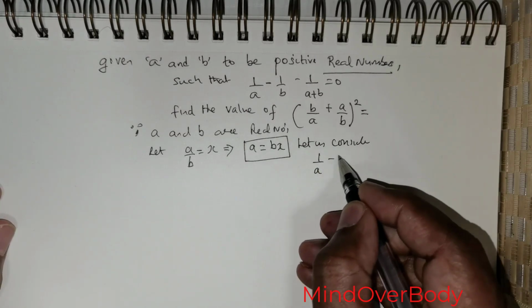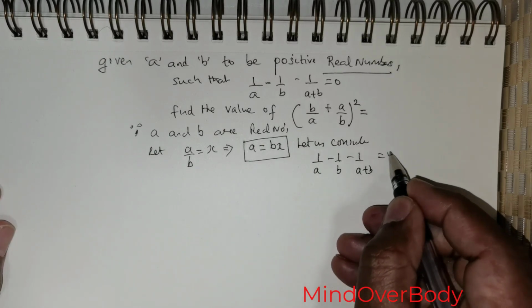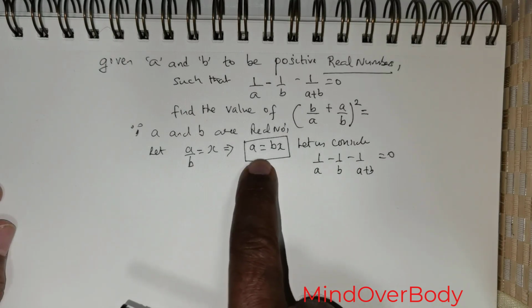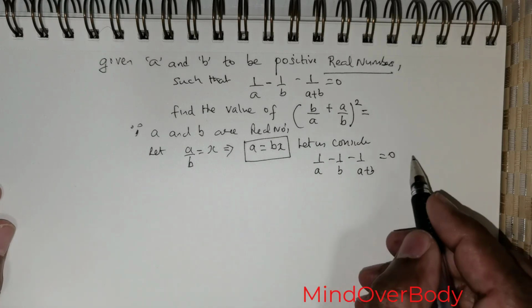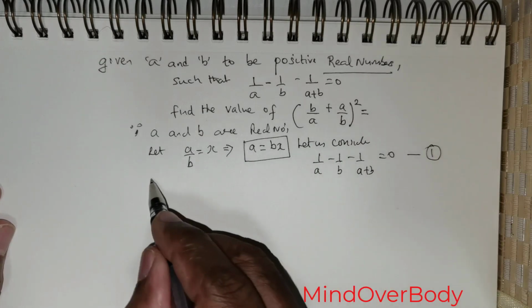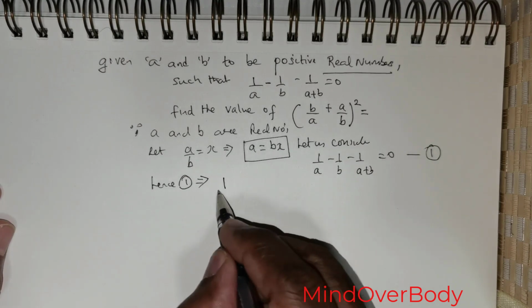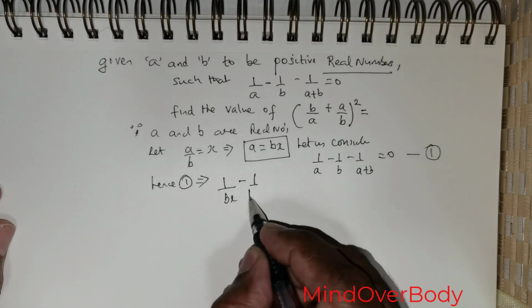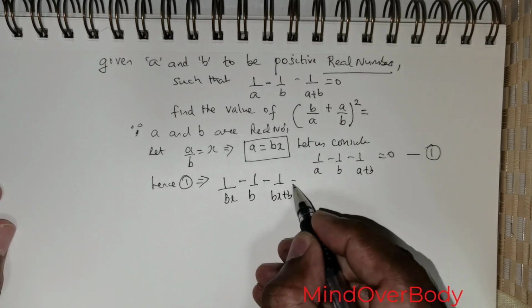So let us now consider 1 over A − 1 over B − 1 over (A + B) equal to 0. Now wherever I find A, I'm going to be substituting Bx. So 1 over A can be rewritten as 1 over Bx, minus 1 over B, minus 1 over (Bx + B), is equal to 0.